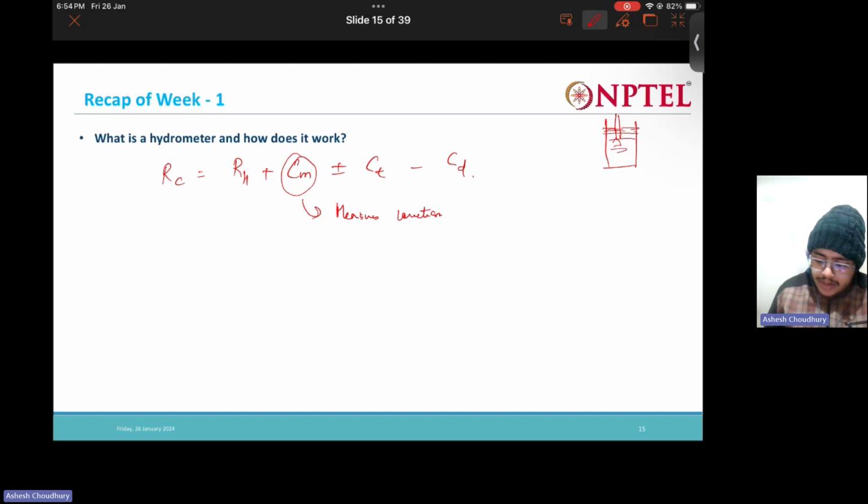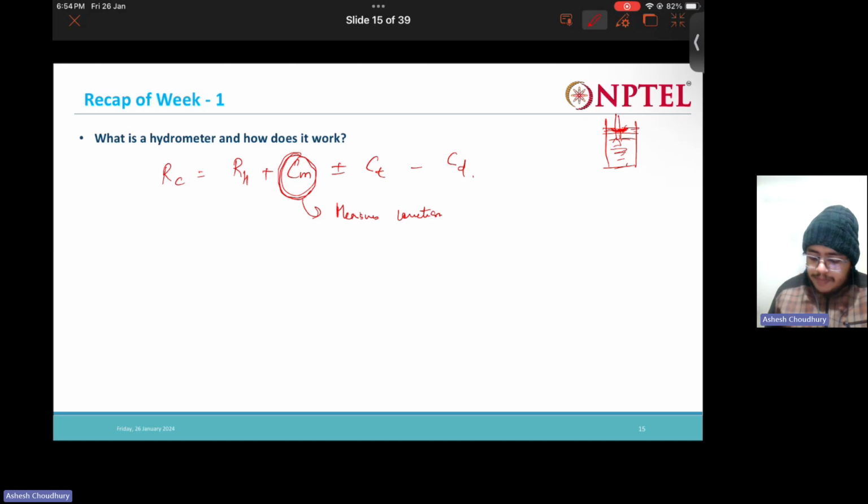This is a colloidal water. Generally we have to read the lower meniscus, wherever the lower meniscus of the water is touching the hydrometer. But that is not possible because the water is very clouded. So we have to give some meniscus correction.